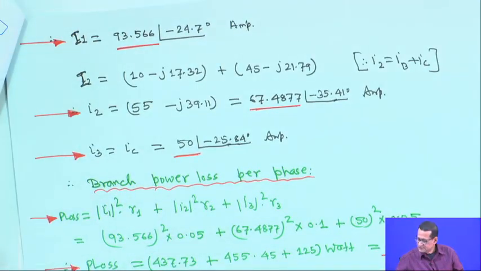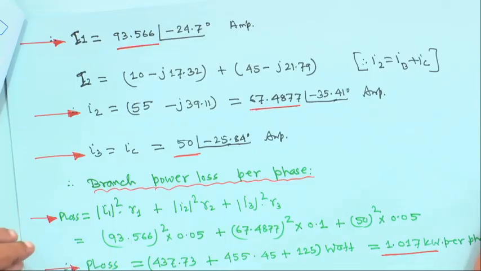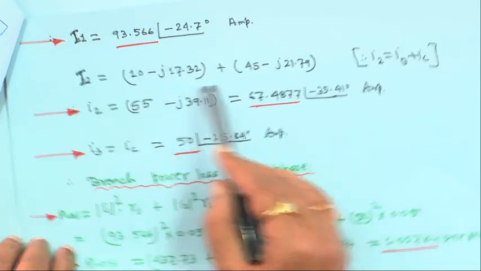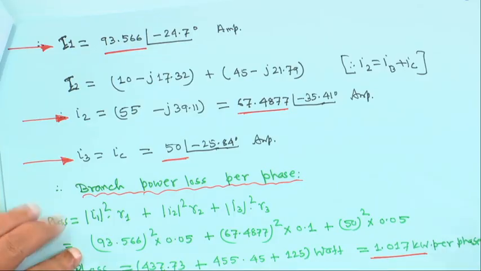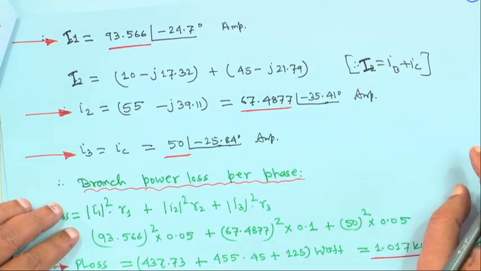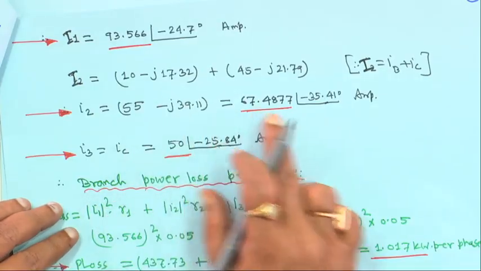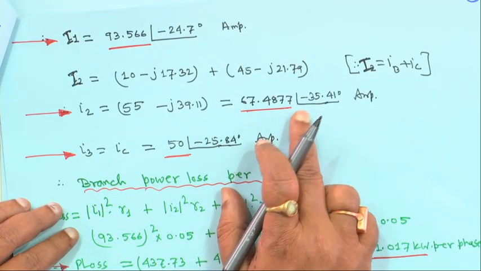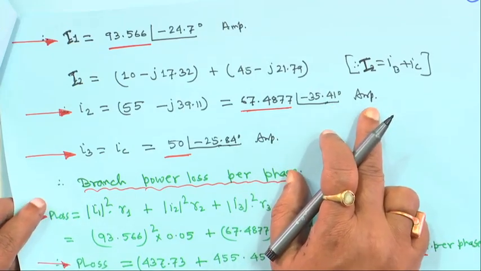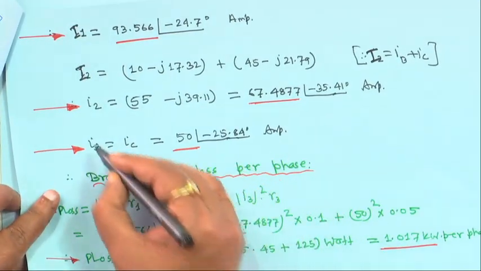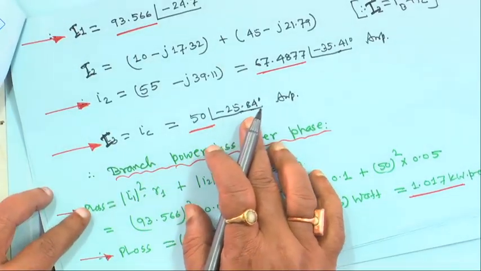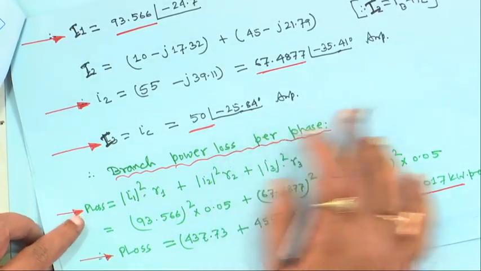Similarly, I2 is equal to IB plus IC, make it capital so that there should not be any confusion. If you add, it will become 67.4877 angle minus 35.41 degree ampere, right, and I3 is equal to IC. So, make it capital, I3 is equal to IC. So, it is 50 angle minus 25.84 degree ampere, right.